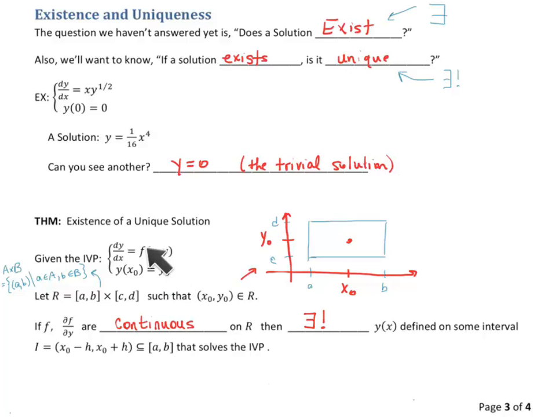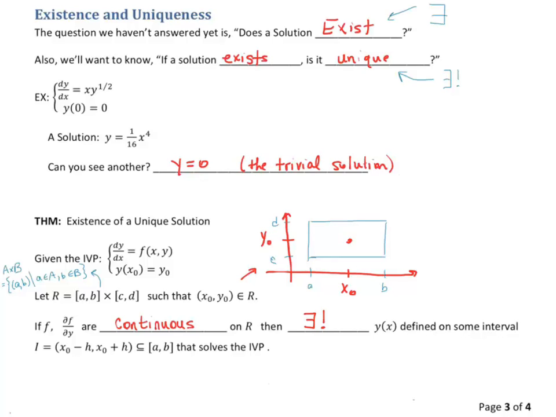Now, it has to be a partial because f now depends on two variables here, and we're taking the derivative with respect to the y variable. If that is continuous on some closed rectangle that contains (x naught, y naught), then there is some unique solution around x naught.